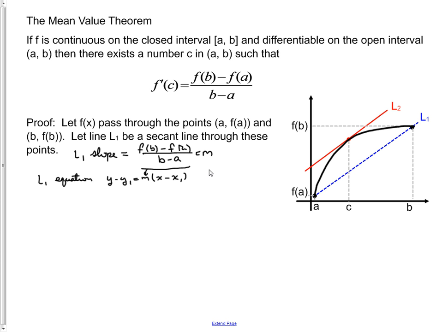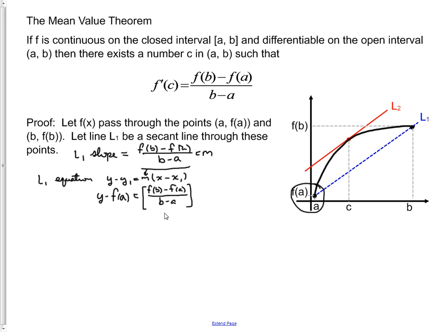Point, well, we've got two points. We've got (a, f of a) and (b, f of b). But let's stick with this point right down here, (a, f of a). So what does my equation look like? Well, y minus the y value at that point, that's f of a, is equal to the slope, and my slope right here is the value f of b minus f of a divided by b minus a.